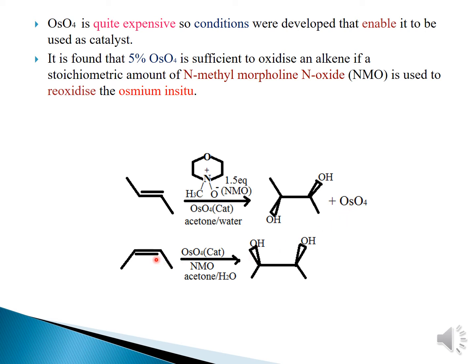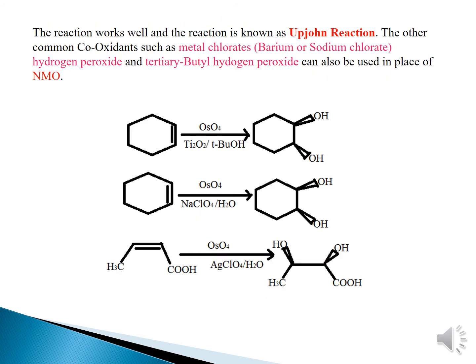And then if you will see here again you are taking an alkene upon treatment with osmium tetroxide catalyst and NMO in the presence of acetone or water, again resulting in the diol formation. If you will see here, this is your Upjohn reaction.